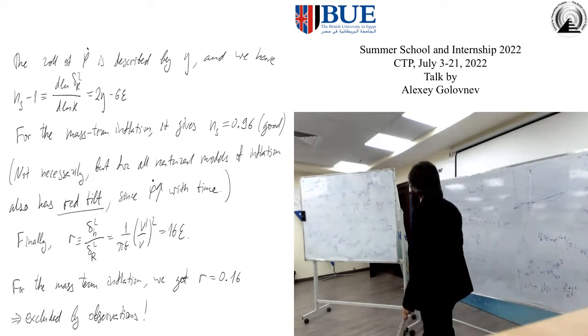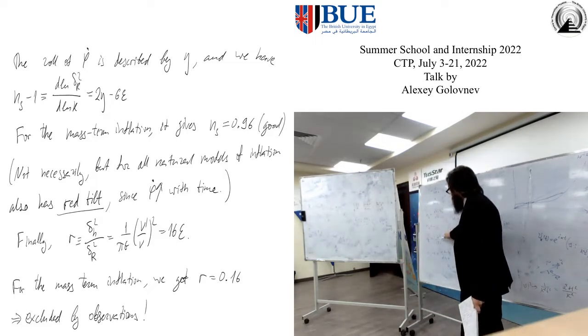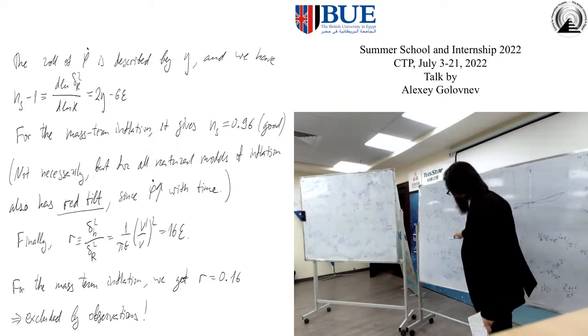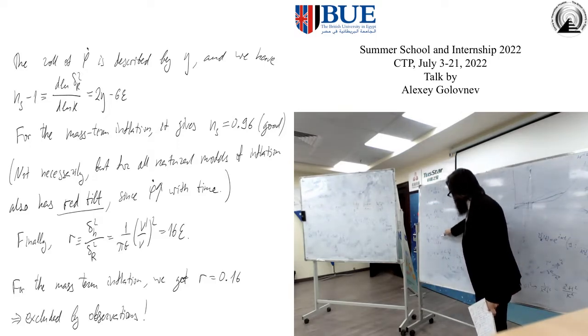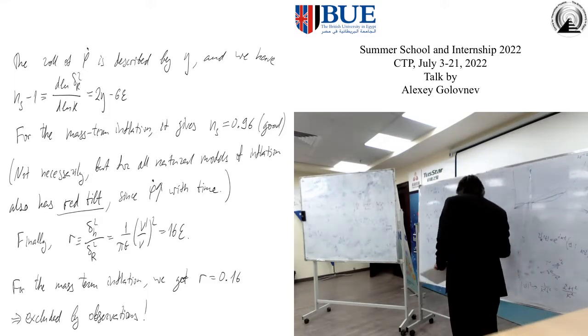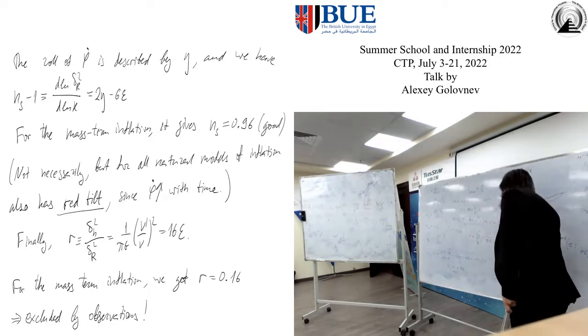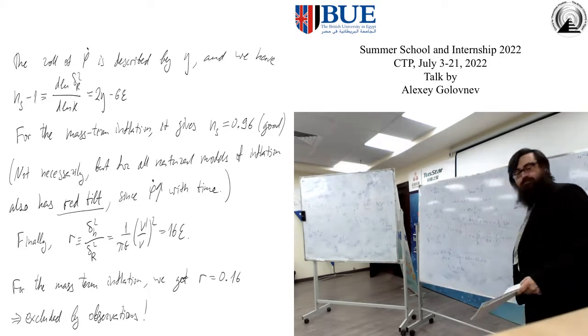You just take this guy here, divide by that guy, and then you have phi dot and h. Phi dot you find like V prime, h you find like V, of course. After 1 minute of calculations, you will get 1 over pi G V prime over V squared, which means 16 epsilon.